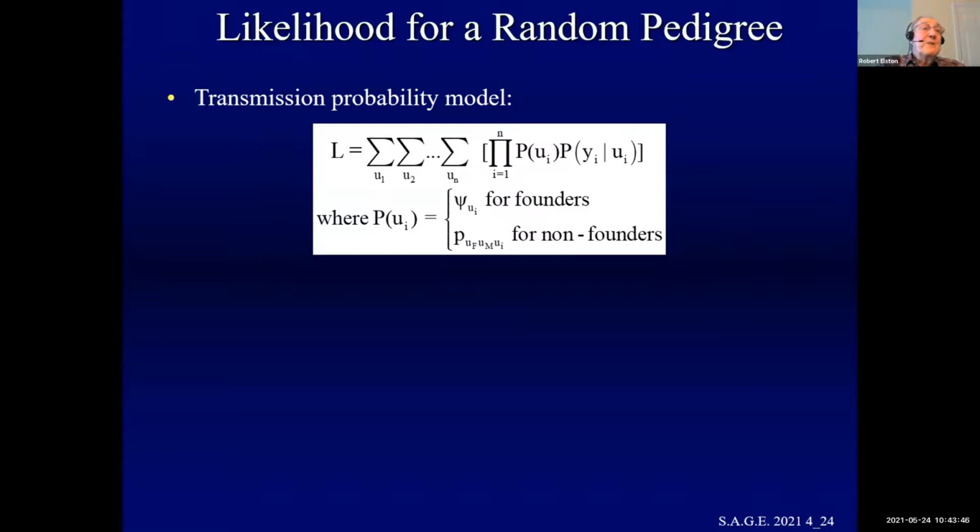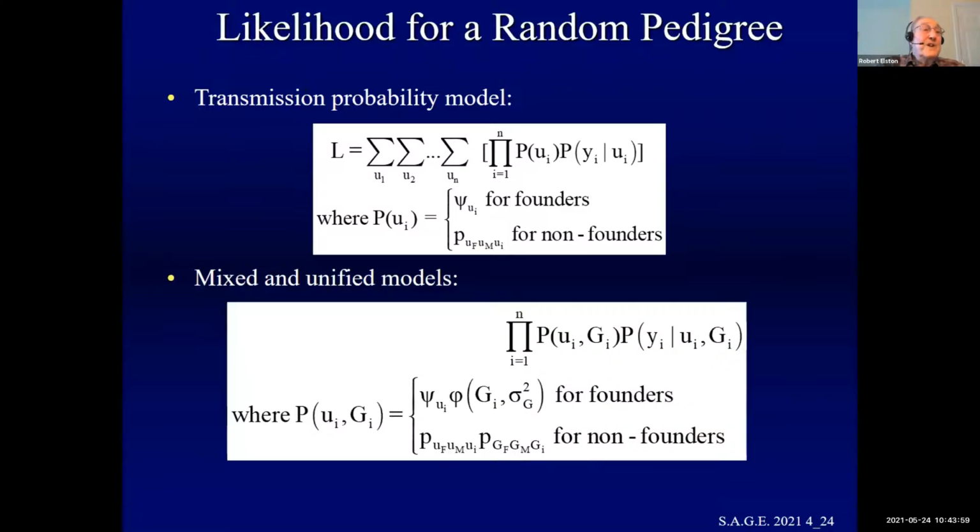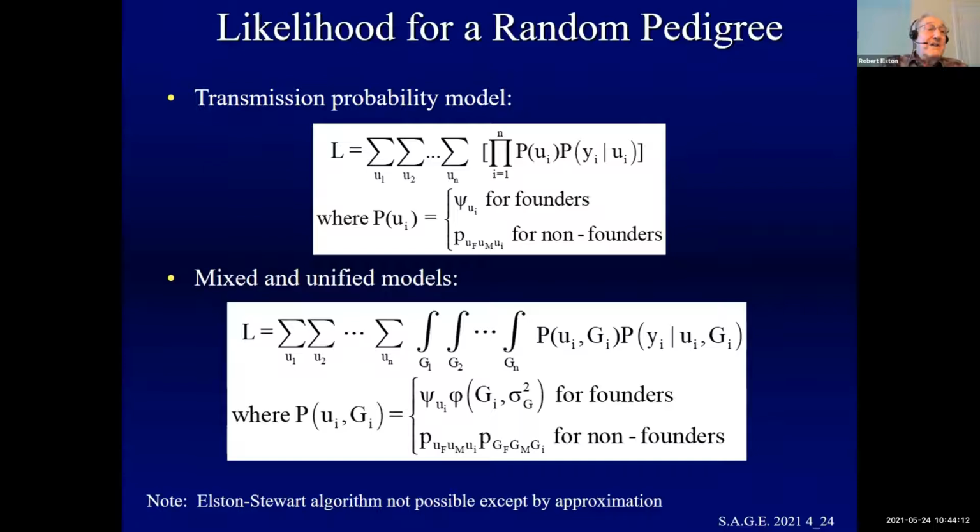Lots of people were doing this and I didn't know it. I didn't understand what they were doing. Hence the Elston-Stewart algorithm, just by accident. Now in the mixed and unified models, you have the same kind of thing, but now not only do you have to sum, you have to integrate over the polygenotypes. And the Elston-Stewart algorithm is not possible in this case, except by approximation.